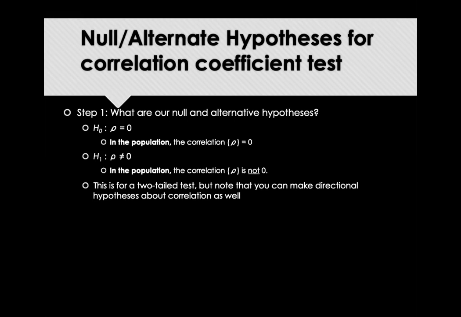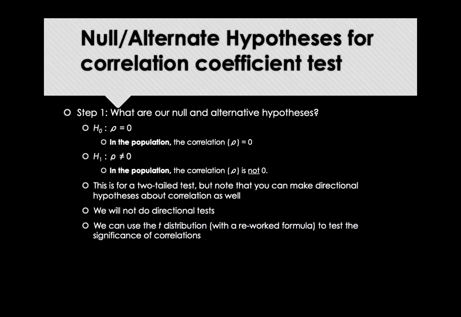Just like before, where the null hypothesis was no effect, here the null hypothesis is no relationship. The alternative hypothesis is that there is a relationship, or that the correlation is not 0. We are not going to do directional tests in this class this semester, but it is possible to do directional hypothesis testing with correlations.